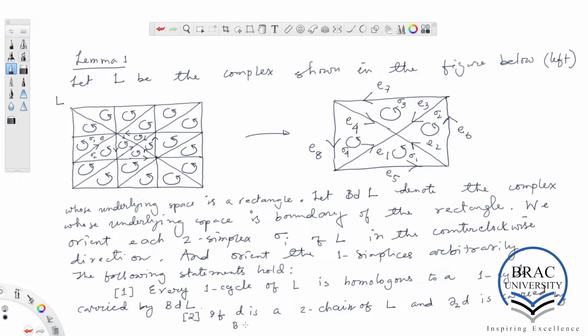If D is a two chain of L and del 2 of D is carried by the boundary of L, then D is a multiple of the two chain, the sum of all sigma i's as i runs over an index family.